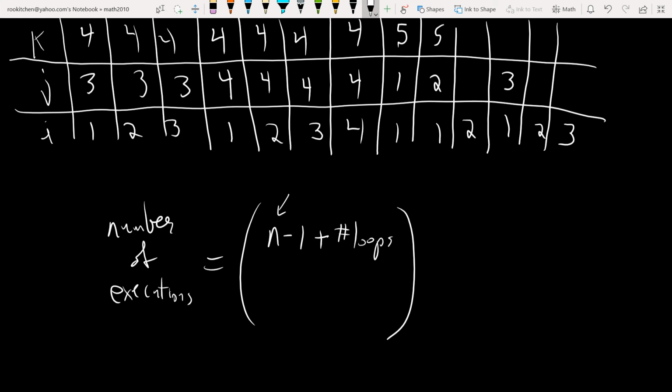So maybe that's the max value for k, and then choose number of loops.